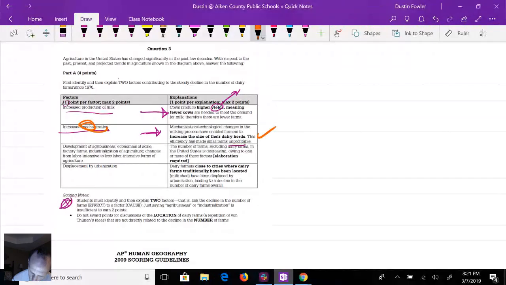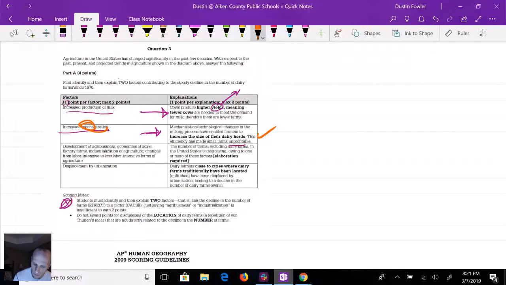In terms of the first one, cows produce higher yields, meaning fewer cows are needed to meet demand for milk, and therefore there are fewer farms. I don't know if I got the explanation for that, because I don't feel like my response from last week went into how the amount of cows affects that.